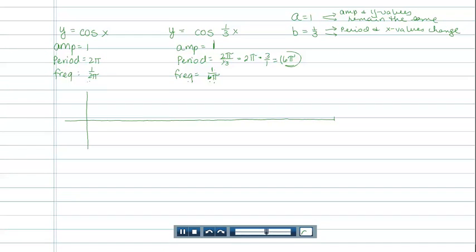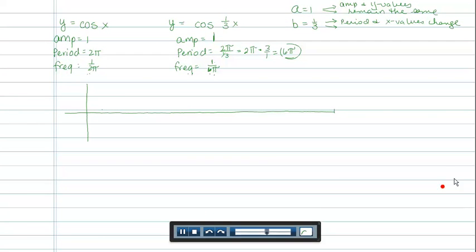Alright, cosine is going to have your basic shape. I already know it's going to be at pi halves, pi, 3 halves pi, 2 pi. Let me sketch my difference. 2 pi, 4 pi, 6 pi.